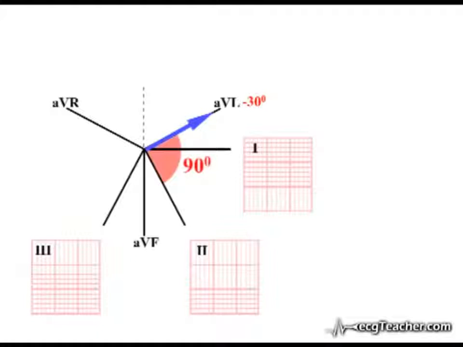AVL lies at 90 degrees relative to lead 2. This means that when the axis lies at the limit of normality on the left, lead 2 is isoelectric. The R wave and S wave in this lead are equal in magnitude.